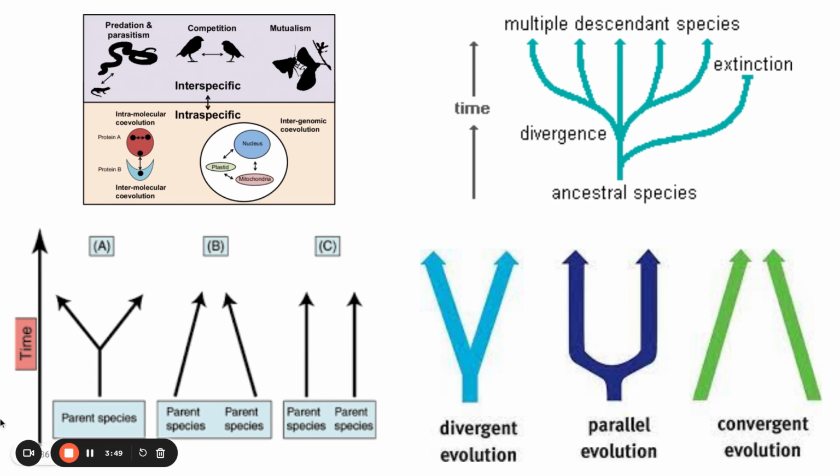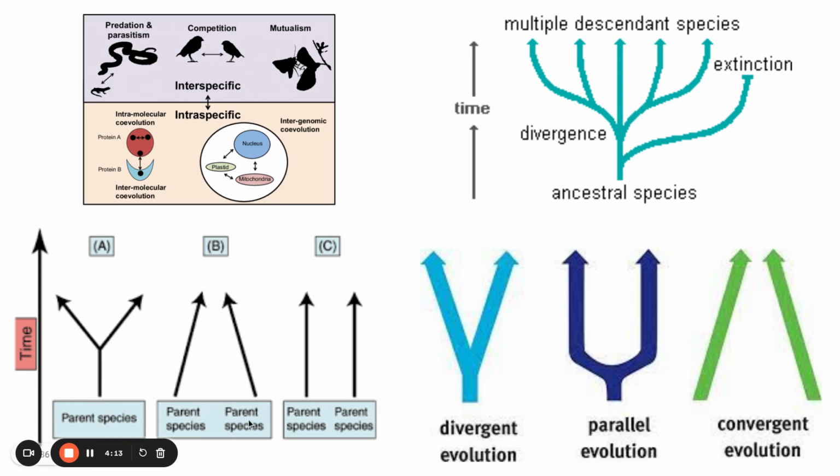So I've included some other pictures here to kind of show you these patterns of evolution, including the divergent. So if you look at the bottom left-hand corner, A, we see that parent species and then it divides to two. So that would be divergent evolution.